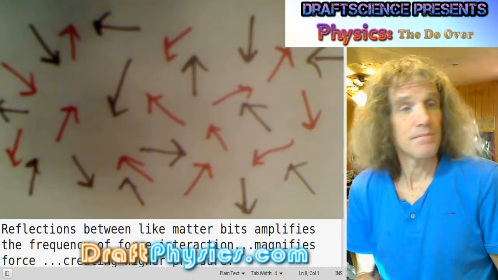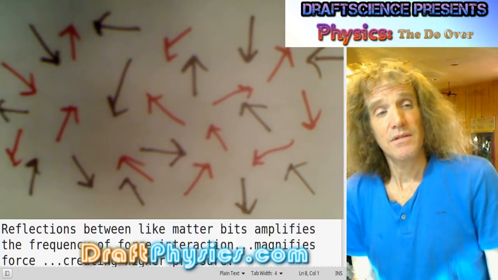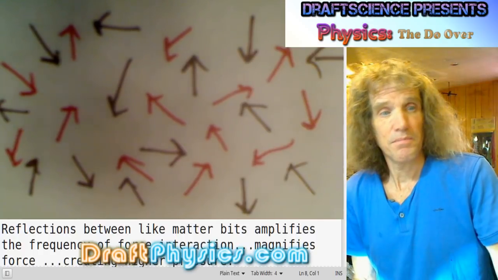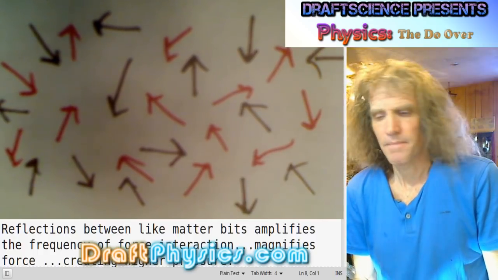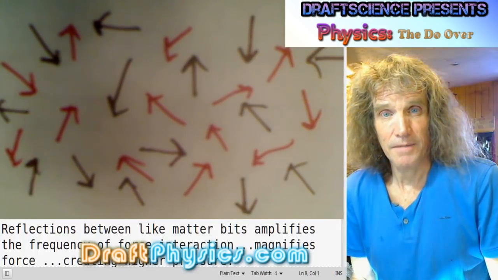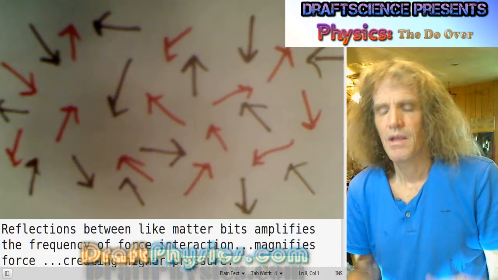So it starts off the story with just something very simple, little bits of energy, all the same size, all the same momentum, moving at the speed of light in random directions in the universe.